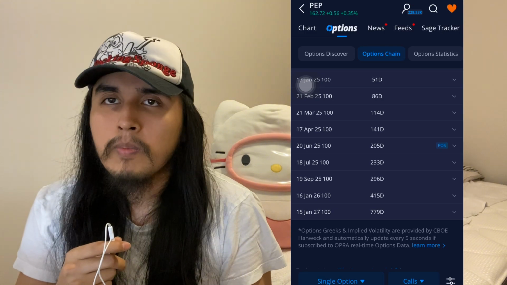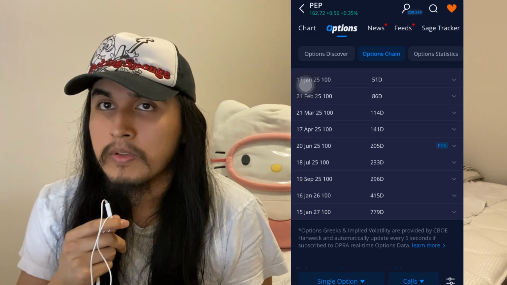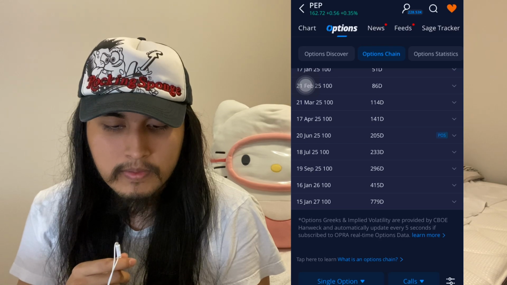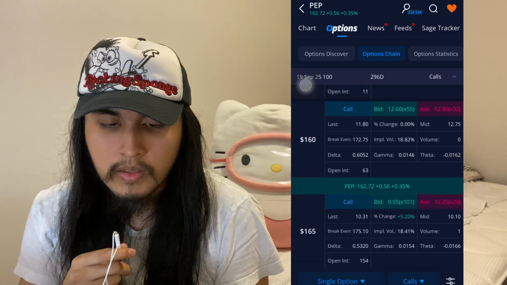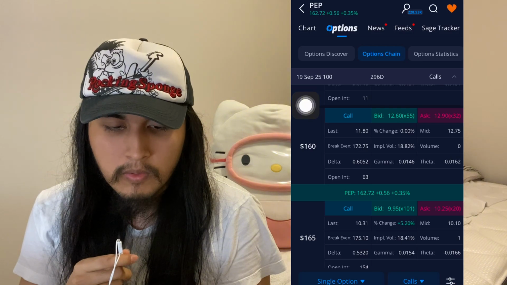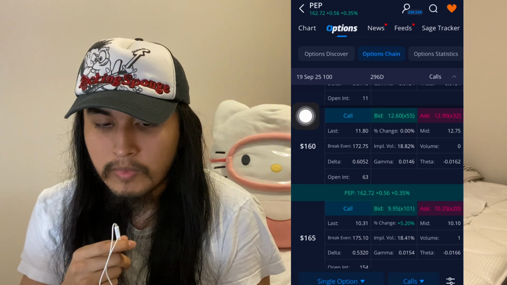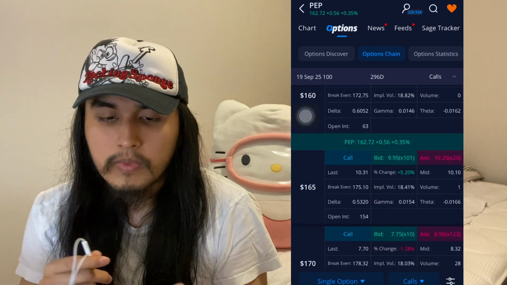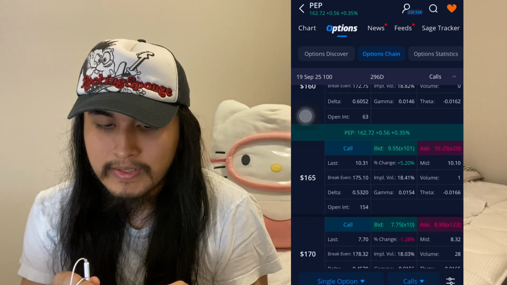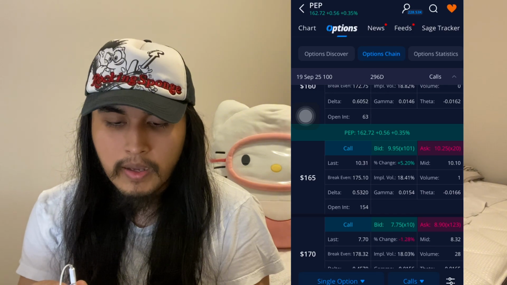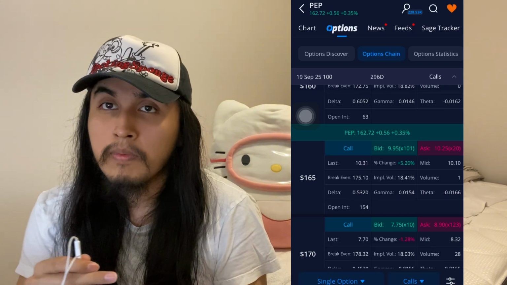So step one, when you buy that call option on that oversold stock, you go, let's say, to this, where it says 19 September 25. Whatever the price says, 162.72, you want to buy a call option above that number.